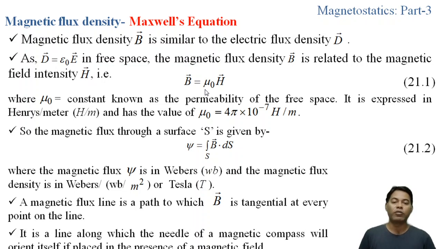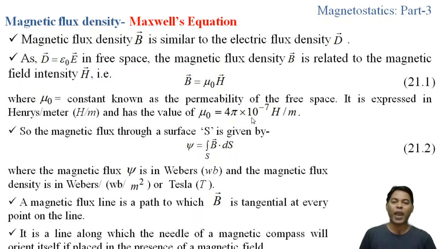So B equals mu naught H. Here mu naught is a constant known as the permeability of free space. It is expressed in Henrys per meter, and it has a value of 4 pi into 10 to the power minus 7 Henrys per meter.